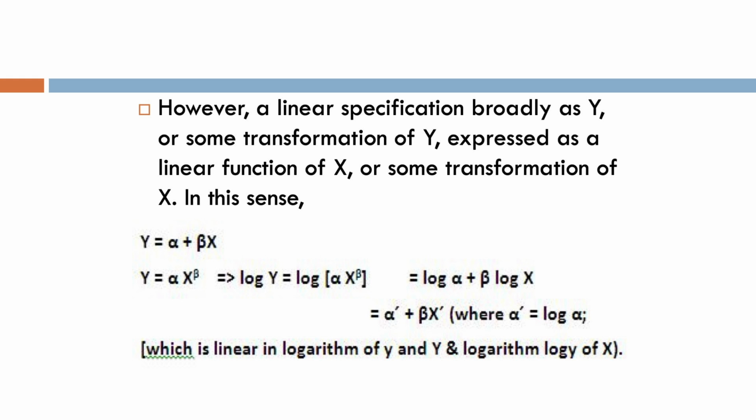In this case, if you take log both sides, it becomes log y is equal to log of alpha into x beta. This can be further reduced to log y equal to log alpha plus beta log x, where alpha dash is equal to log alpha and x dash is nothing but log x.